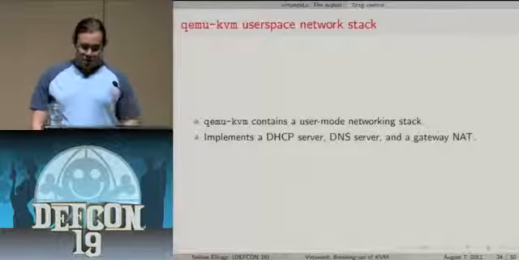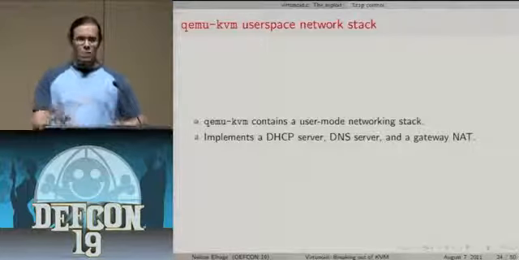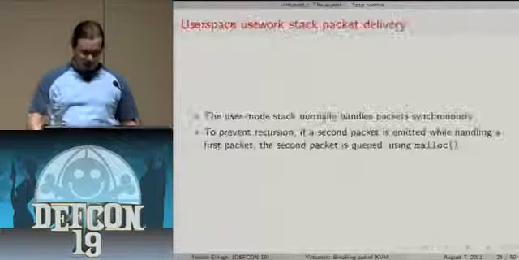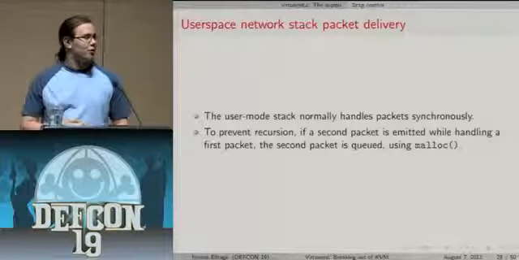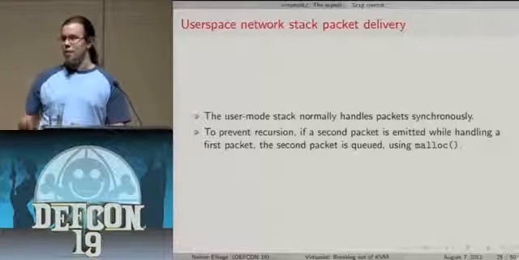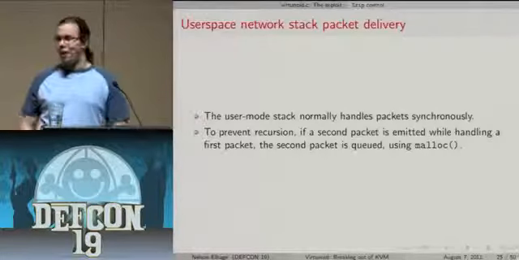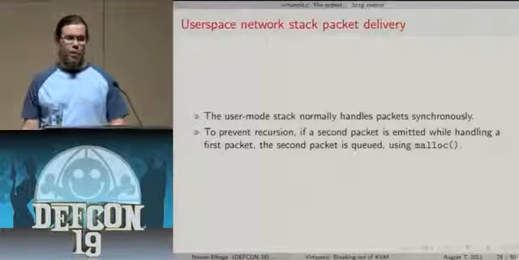So this virtual network stack emulates a DHCP server, a DNS server, and gateway NAT all plugged into this virtual LAN. And the way that this virtual LAN handles packet delivery is that normally packets are handled synchronously. When you inject a packet onto the virtual LAN, it just looks up the recipient and calls their deliver packet callback method synchronously. So there's no buffering, no queuing.